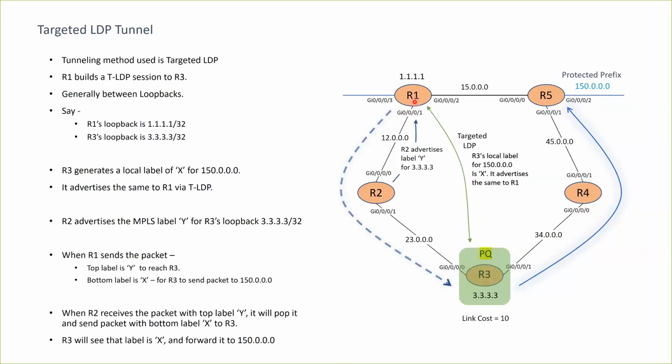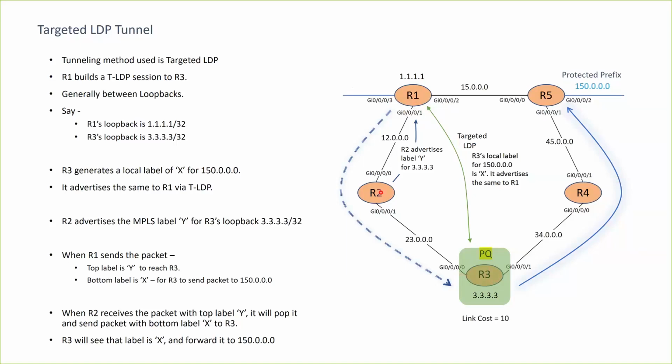That bit is done. But now R1 has to somehow reach R3, right? How does it do that? In this case it will use two labels. The bottom label is label X, what R3 gave it to reach 150.0.0.0. So the top label will be for R1 to reach R3, because we have to reach the remote node.